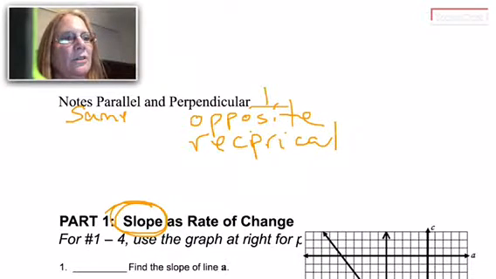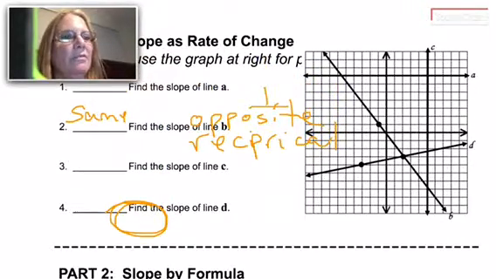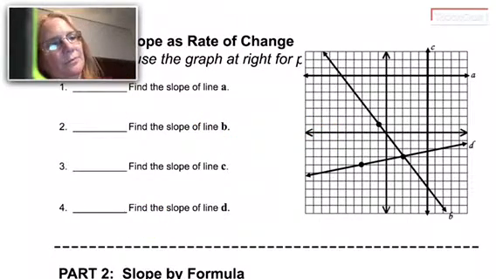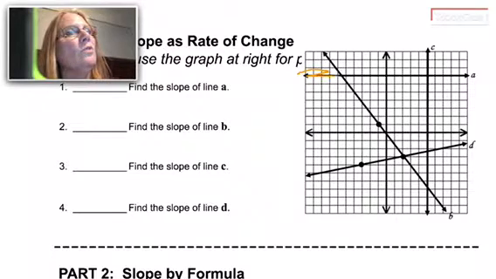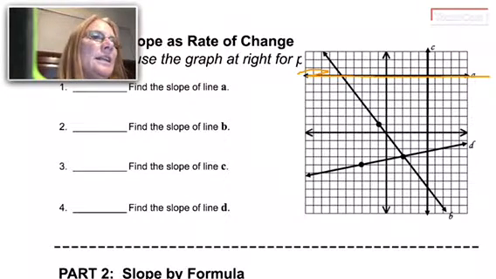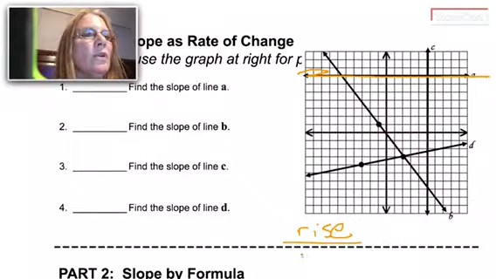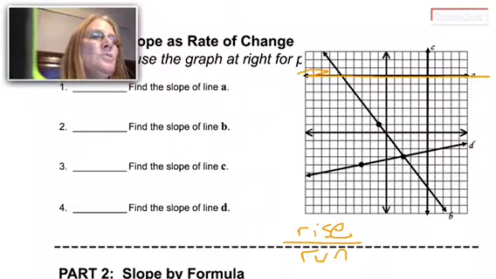If we look at this graph, we see some lines here, and we're going to determine the slopes of these lines. The first line is this horizontal line right here, line A. When we think of slopes on a graph, you probably remember the idea of rise over run. We can pick any 2 points on a line.